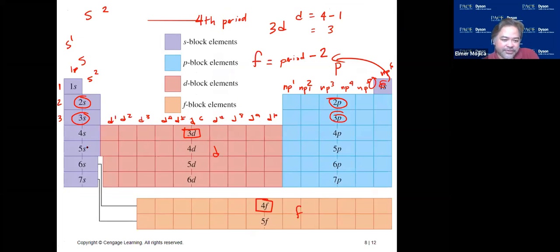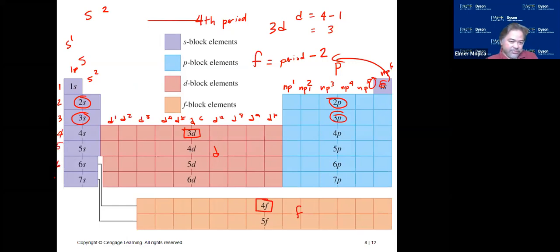So the s is the first 2 groups there, the p is the last 6 groups, the d is the transition elements, and the f is the inner transition elements. And the principal quantum number has something to do with the period.